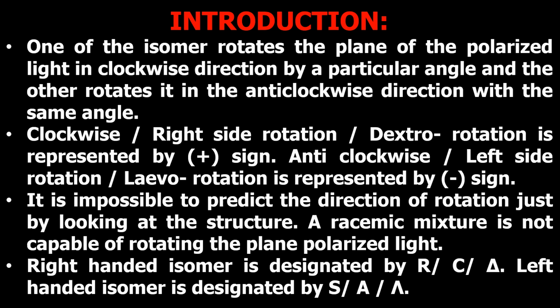Always remember that the R, C and delta notations are related to the structure of the isomer, whereas the plus and the minus signs are related to the actual rotation of the plane of the polarized light.